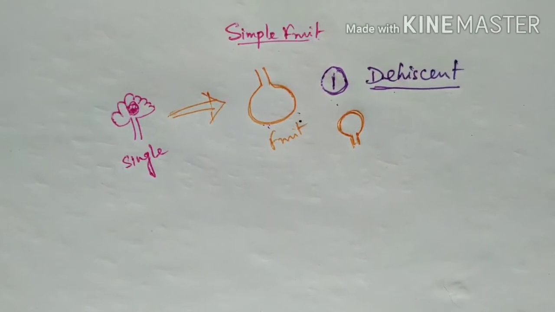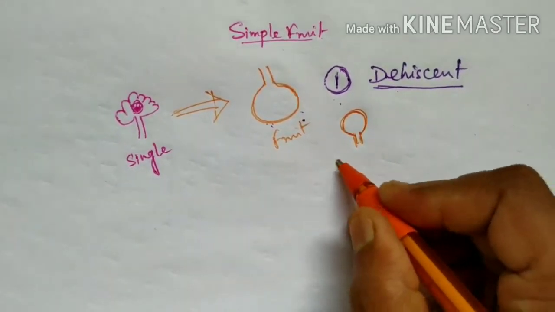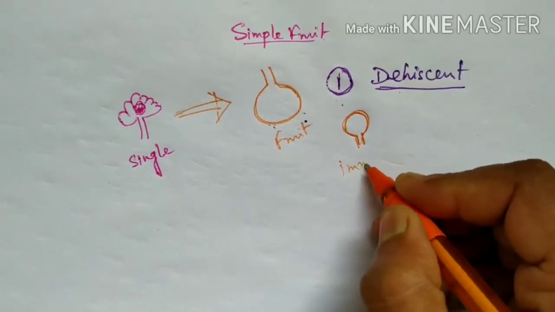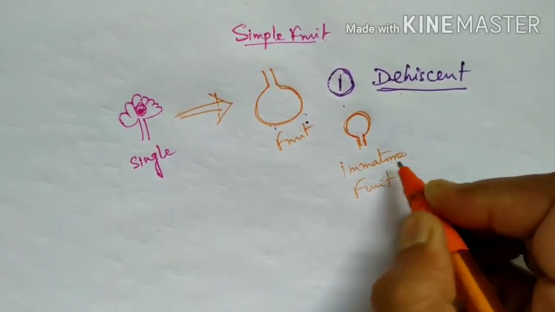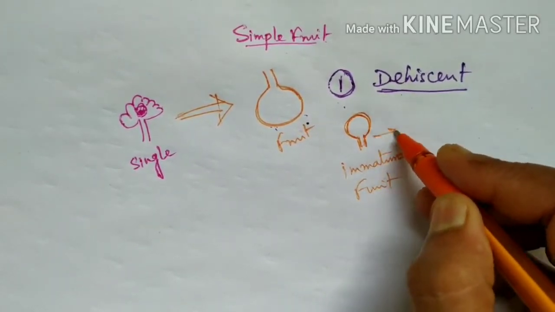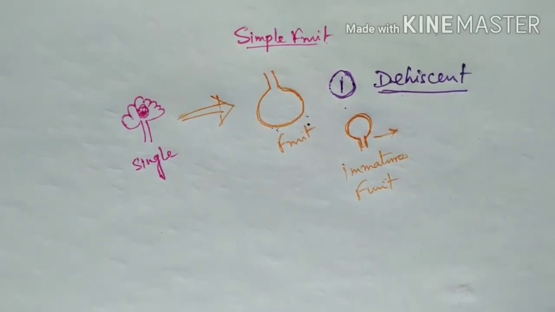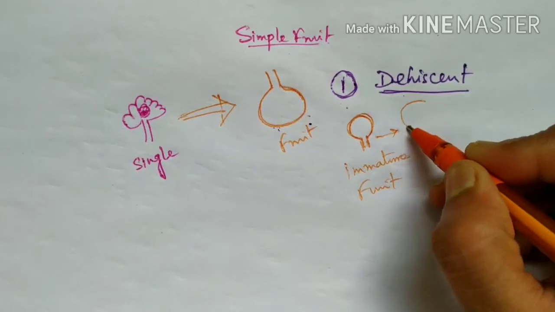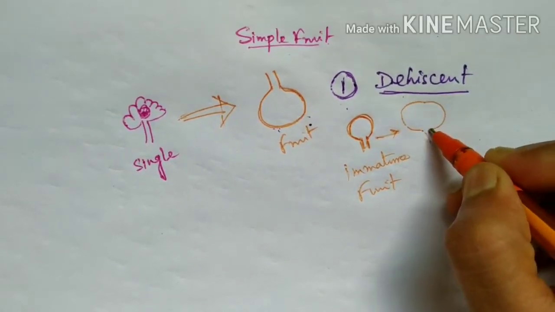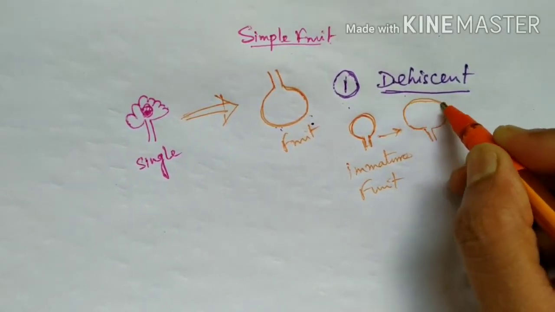So this is an immature fruit, and gradually it becomes mature.